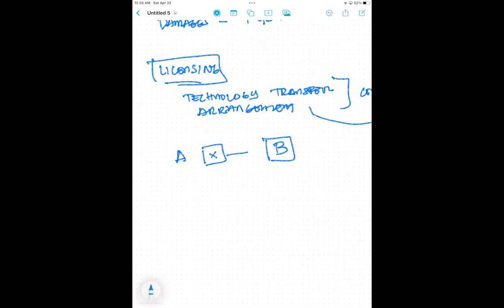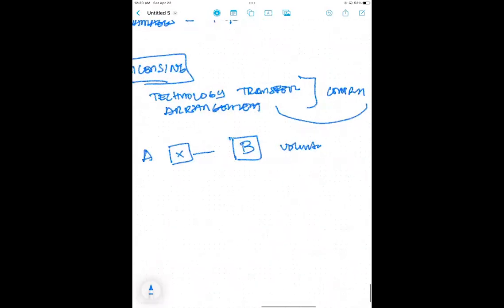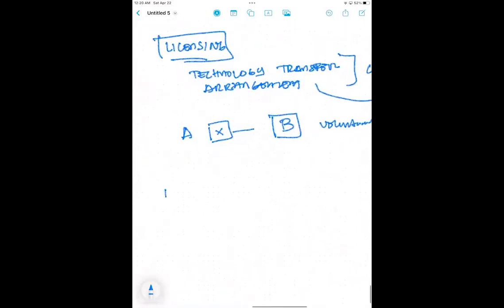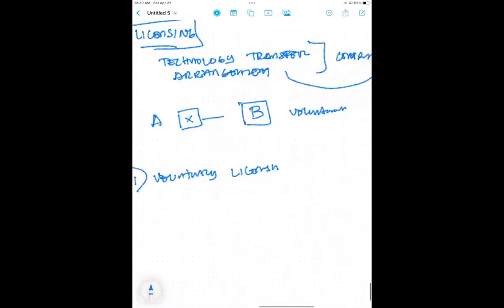If this is done voluntarily or conventionally, then this is what we call voluntary licensing. Later, merong licensing na hindi voluntary, and that is what they call compulsory licensing.